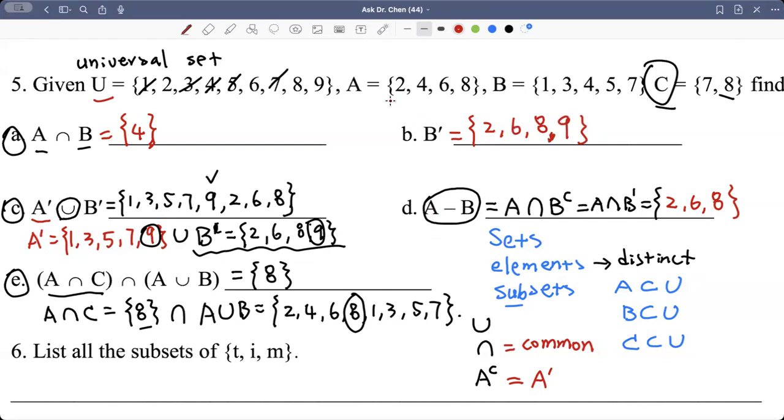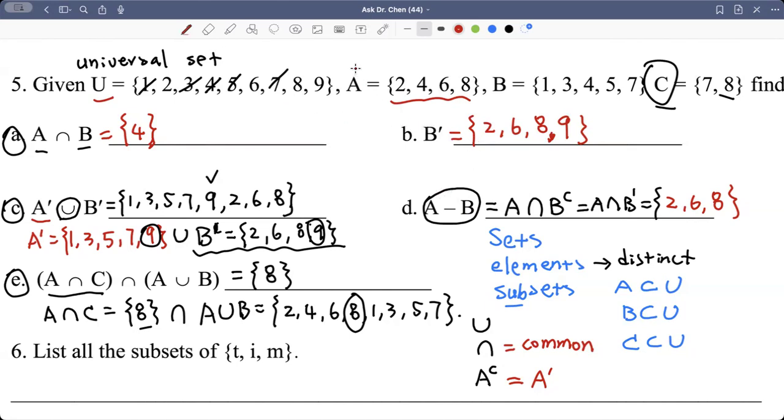So A is this, right, minus B. So 2 is gone, 6 is gone, 8 is gone. So 4, then we have 4 left in A, but we still have 9 left in B. Oh, hold on one second, I'm doing it wrong. I'm not doing B complement, I'm doing this.